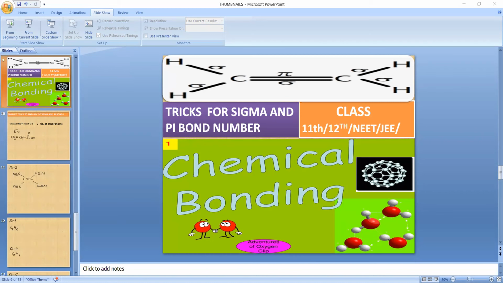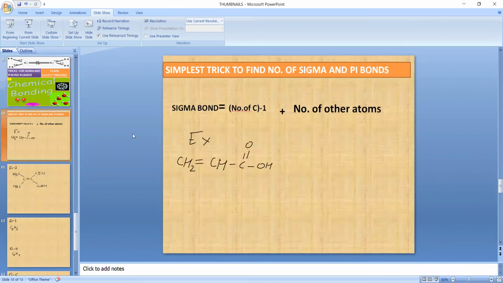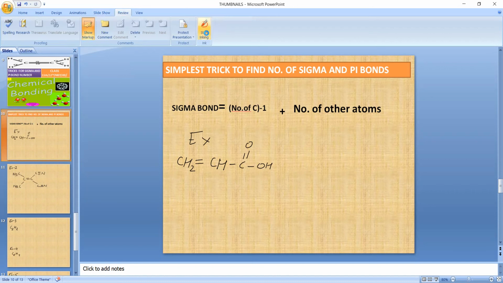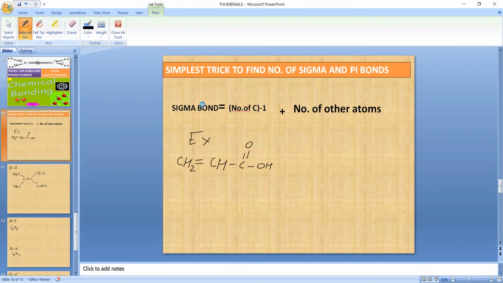The formula for the number of sigma bonds is: first you have to count the number of carbon atoms, subtract 1 from it, plus the number of other atoms.